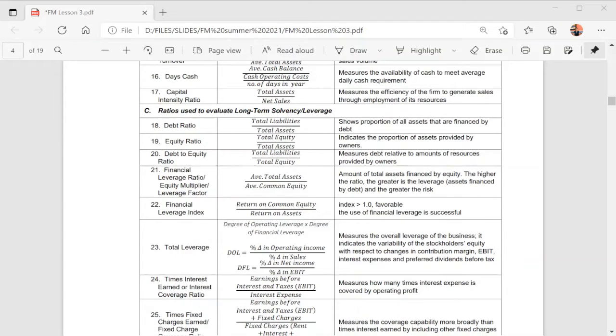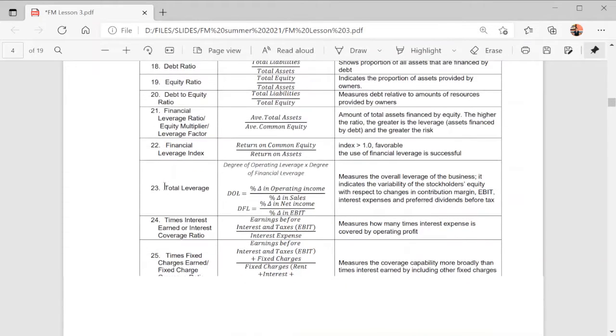The base is your total assets. Then debt to equity, as its name suggests, is debt over equity. Then you have the financial leverage, that's total assets over average common equity. Another name for this one is equity multiplier or the leverage factor.